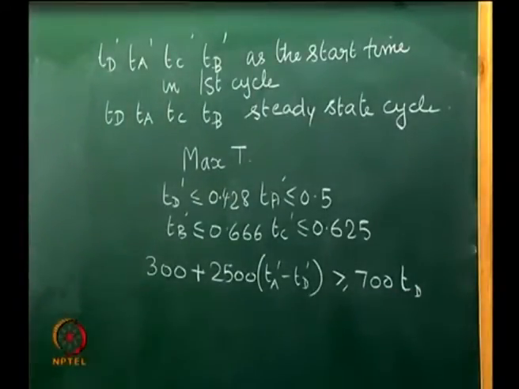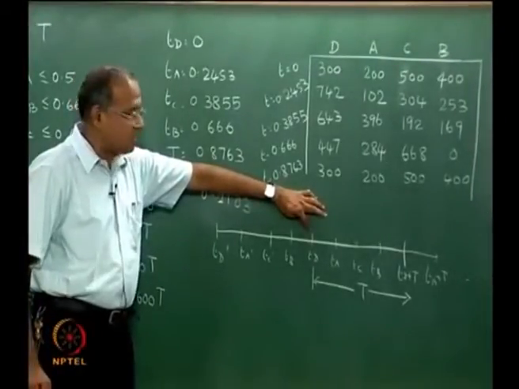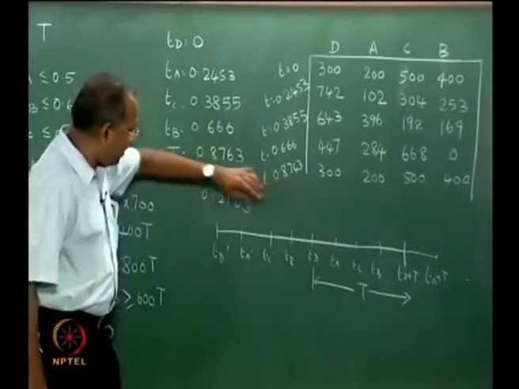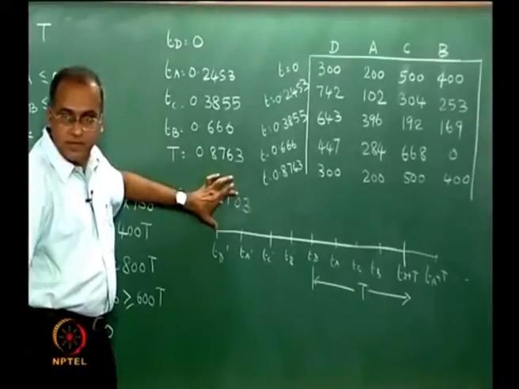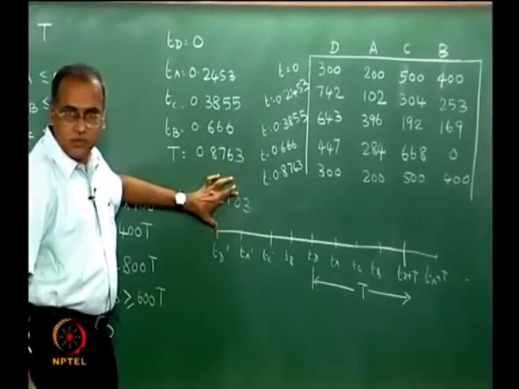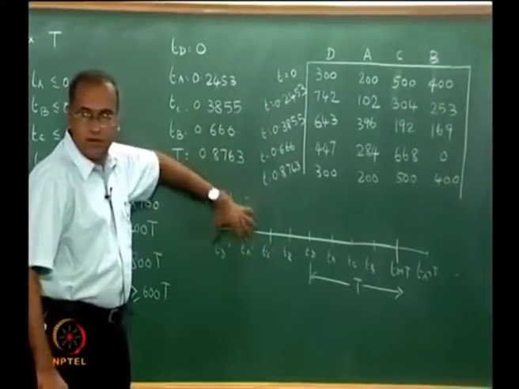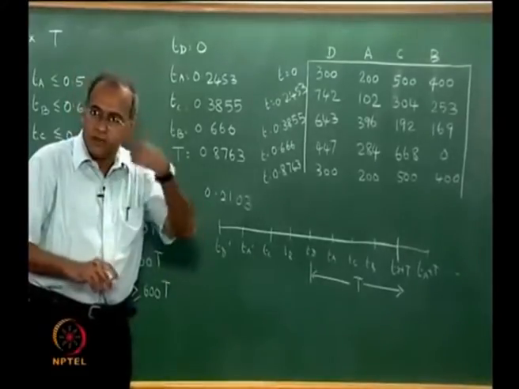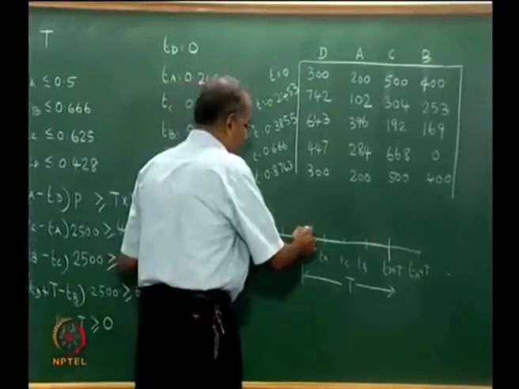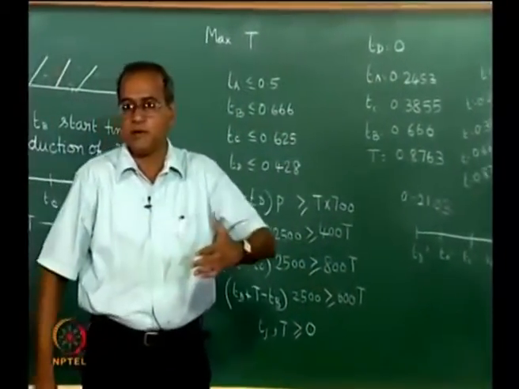Now, this constraint tells me that I am going to start producing D in the steady state cycle, or the actual cycle, somewhere here, but I have already produced a certain quantity for this period. So my production is 2500 into this length, plus the 300 inventory that I have, and that should be capable of meeting my demand up to this point when I actually start producing D again.